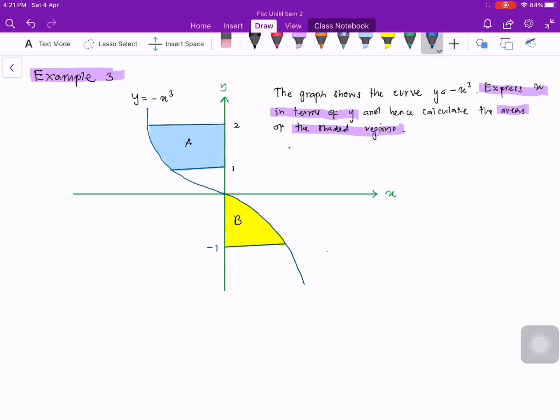So we have y is equals to negative x cube. Then kita simplify ataupun kita express x in terms of y. Kita akan dapat x is equals to negative y to the power of 1/3. Okay, alright.